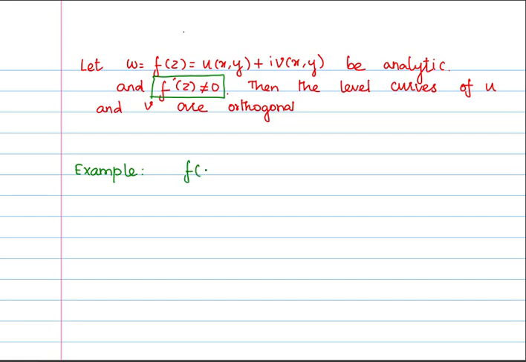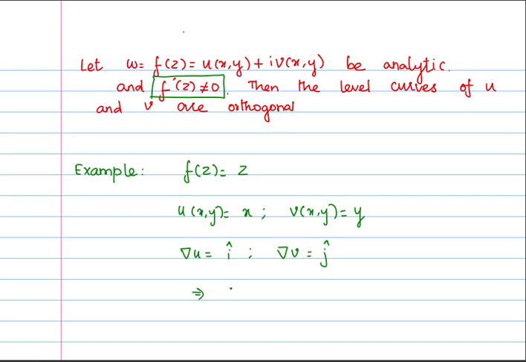f of z equal to z. So what is u of x comma y in our problem? u equals x, v of x comma y equals y. Now the gradient of u equals i, gradient of v equals j.